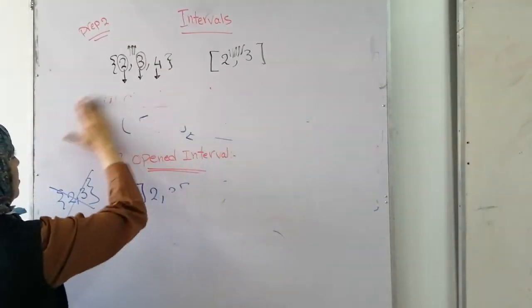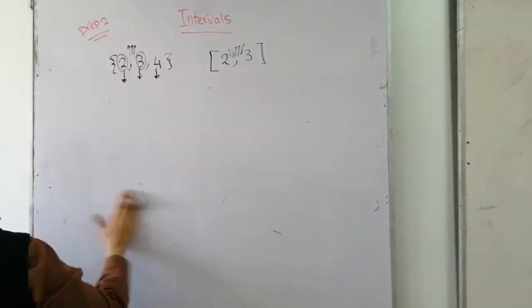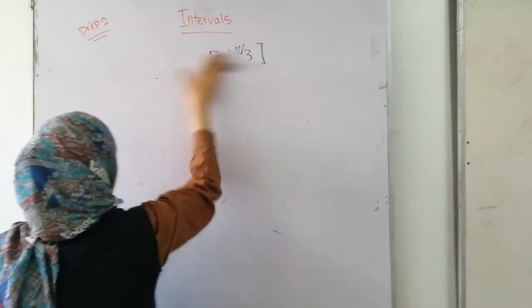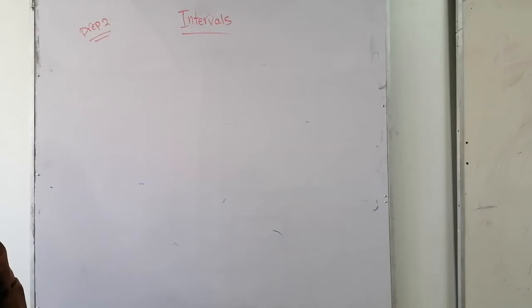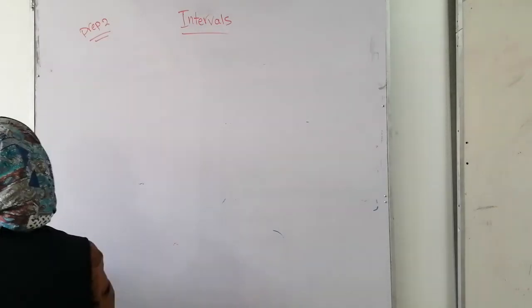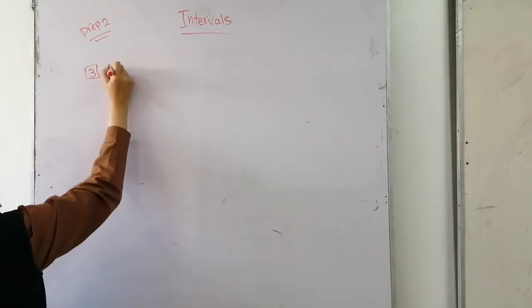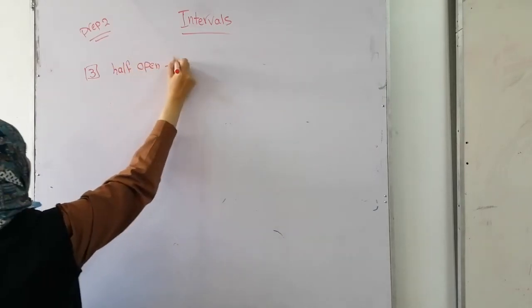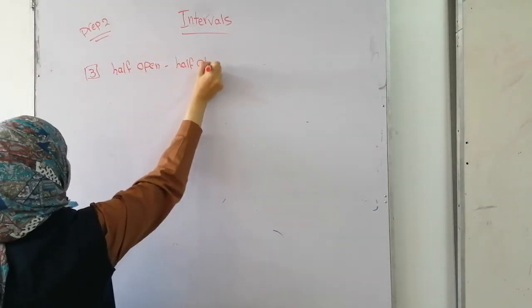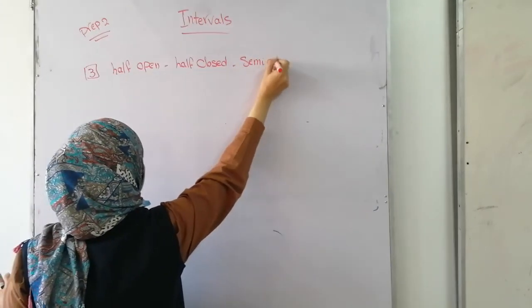Or let's take the other types of interval. The last type, number 3, is called half open or half closed or semi-open or semi-closed.